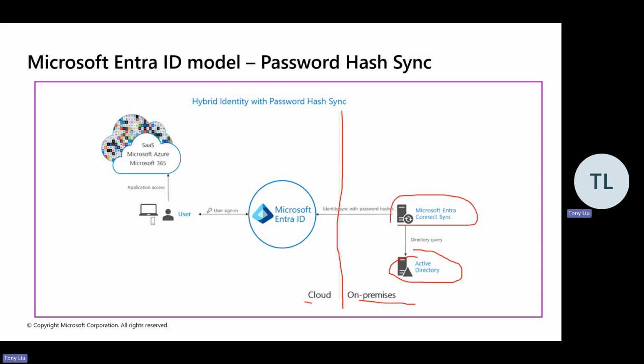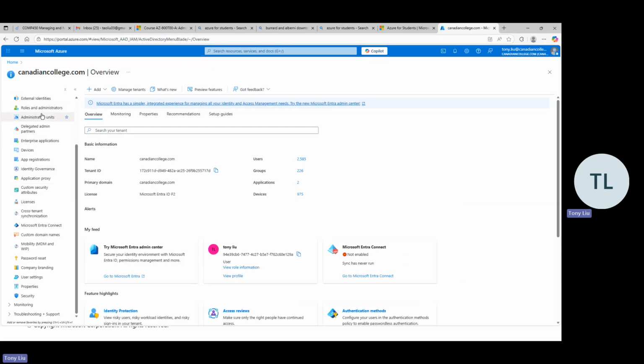This component is installed on your local on-premises environment, and it synchronizes passwords to Entra ID. For example, if a user changes their password, the password is synchronized to Entra ID, so the user in Entra ID also has a password.